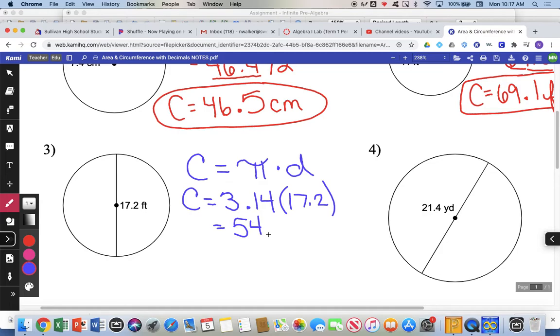Did everybody get that when they multiplied? All right, so now we're rounding to the nearest tenth. What did you multiply, Nate? 3.14 times 17.2. I don't know what you typed in.